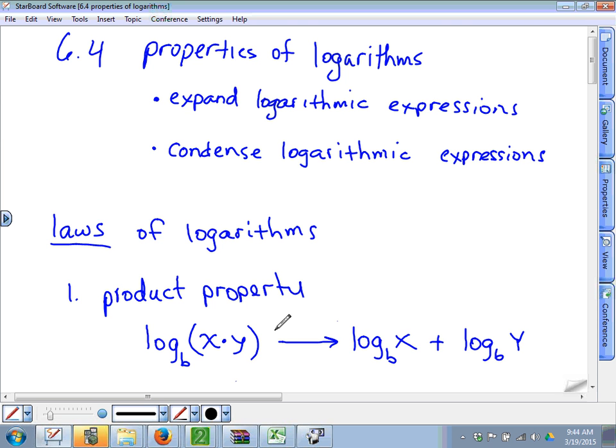That's why it's called the product property. It doesn't matter what the base is, this could be a common logarithm, this could be a natural logarithm, this works with every single logarithm. If you're taking the logarithm of a product, x times y, you can rewrite that as 2 separate logarithms, and you put a plus sign between them.